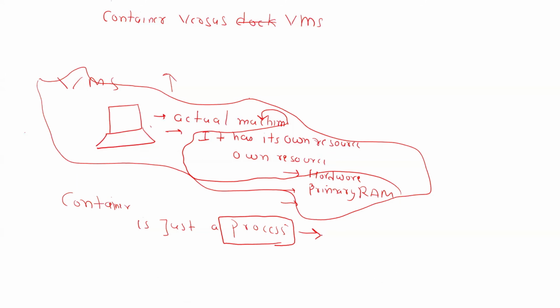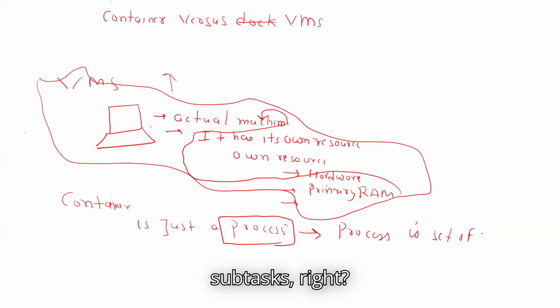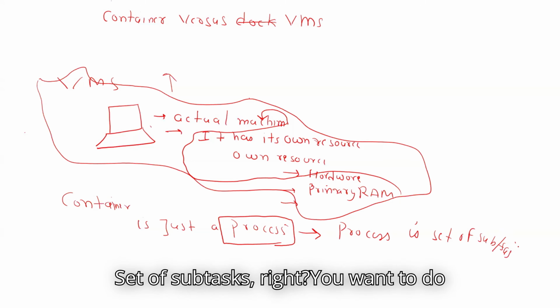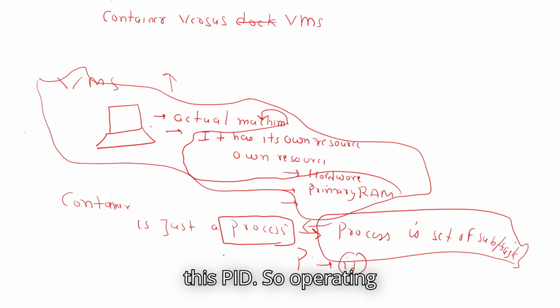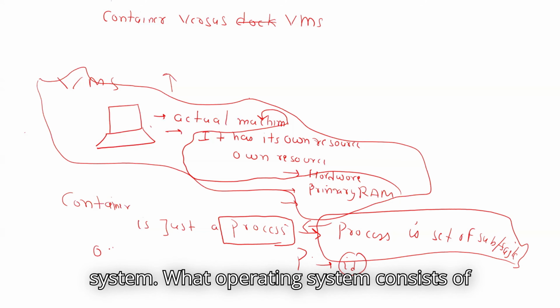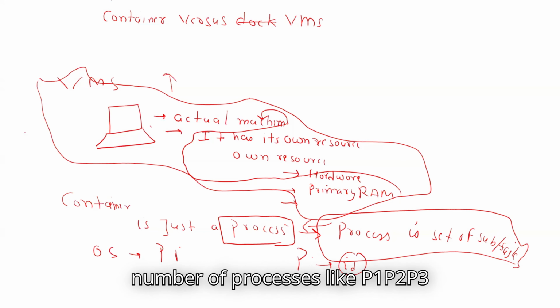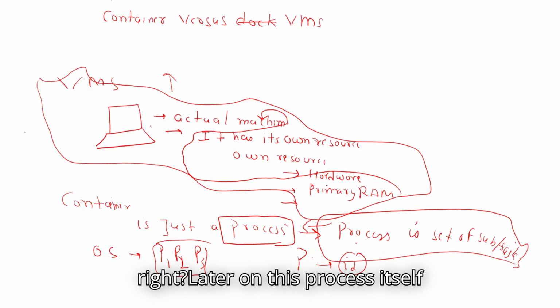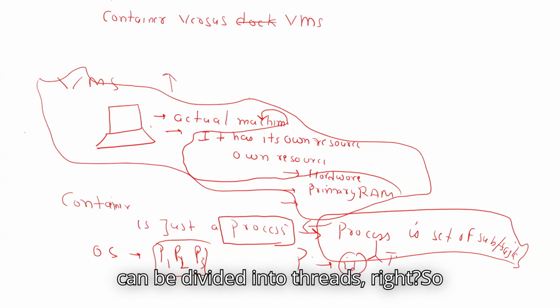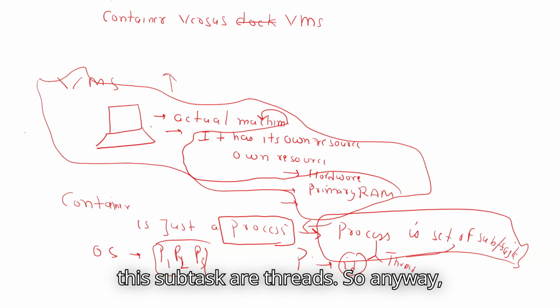So what is a process? A process is a set of subtasks. You want to do some set of subtasks, and that is what we call a process. It has everything, it has a PID. An operating system consists of a number of processes, P1, P2, P3. Later on, a process itself can be divided into threads, so these subtasks are threads.